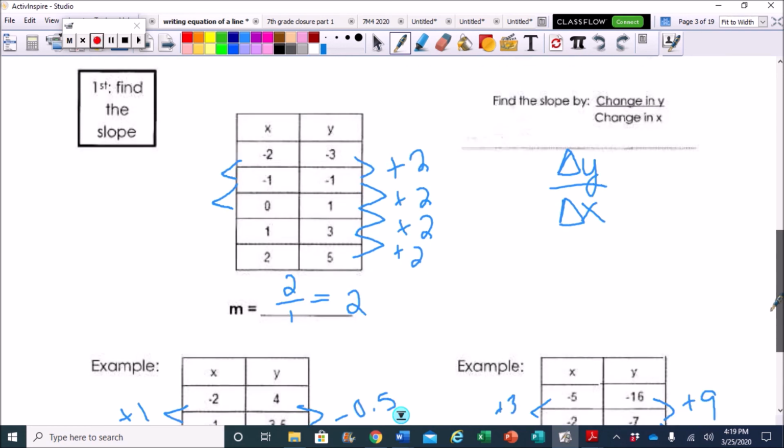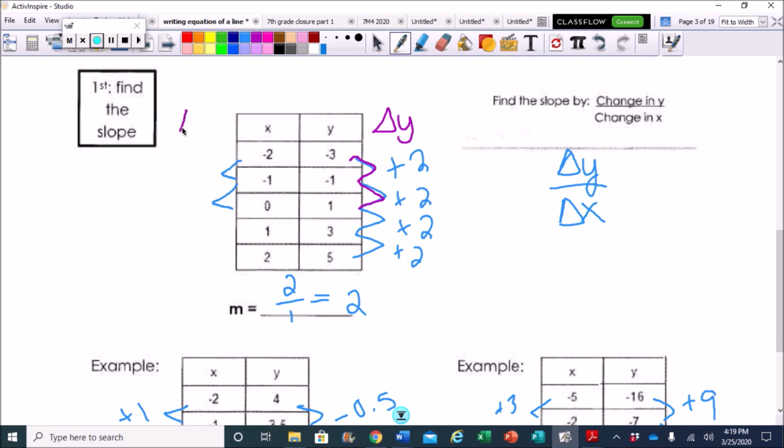Okay, write an equation of a line given a table. So given a table, we need to look and see what the intervals do. So to go from one y value to the next, this is where I get my delta y from. That's the change in y, how it changes from one point to the next. So as I go from one point to the next, it all goes up by 2.